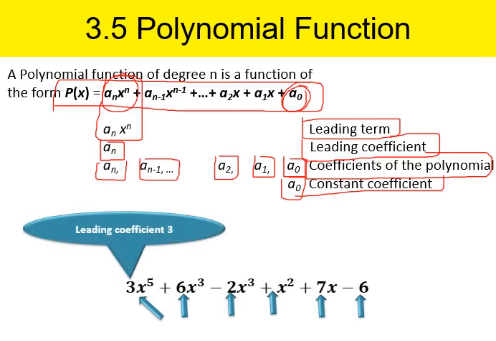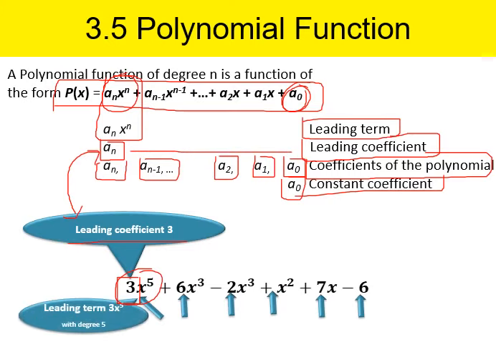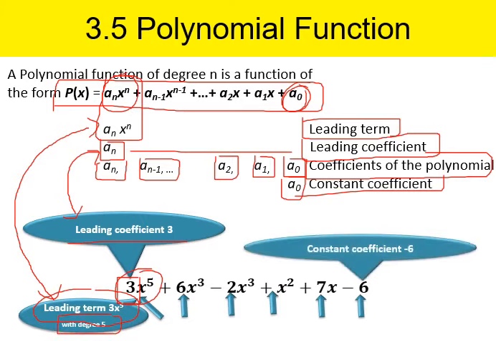Let's see one example. Okay, for this case, we have the leading coefficient is 3. Leading coefficient. And then we have the leading term 3x5. It's called the leading term with the degree of 5. Normally we call it power of 5.